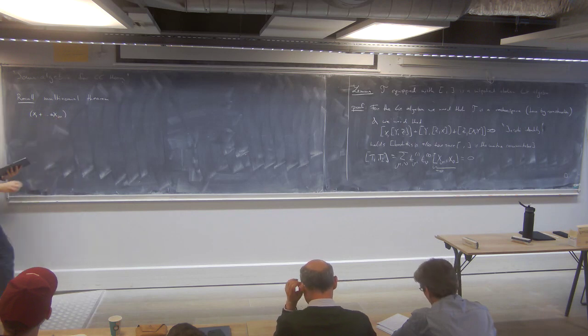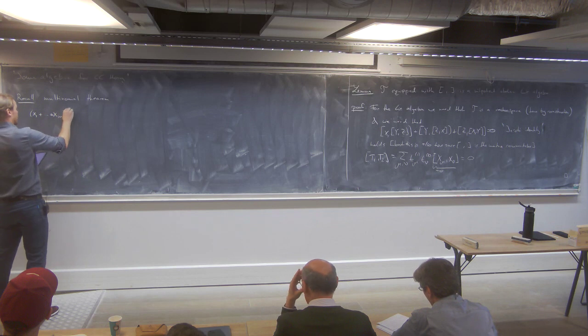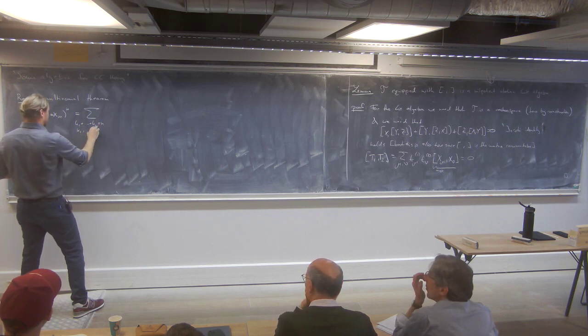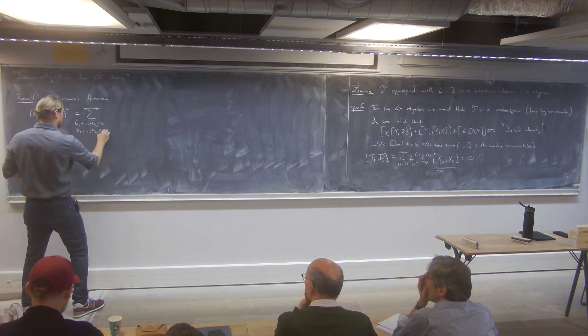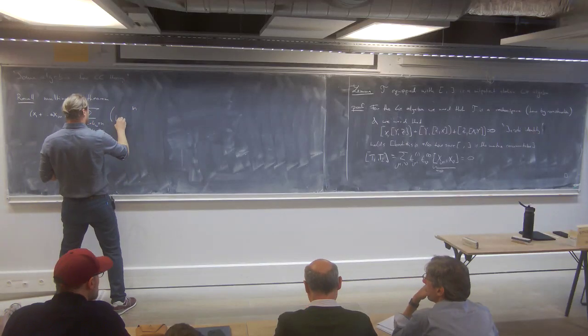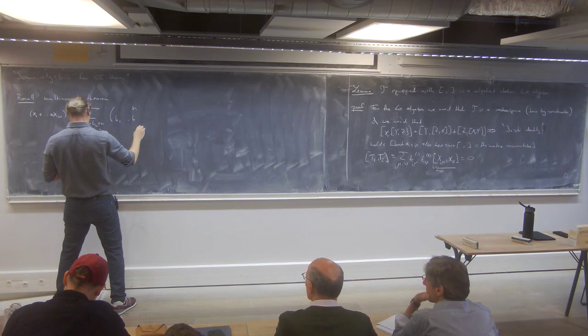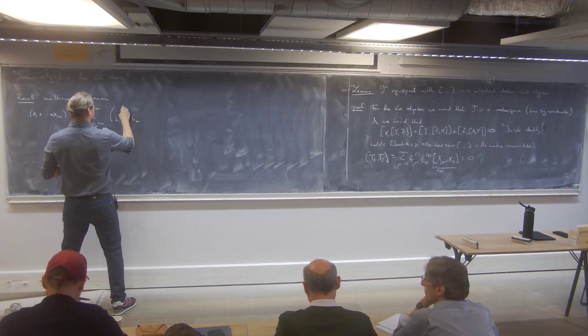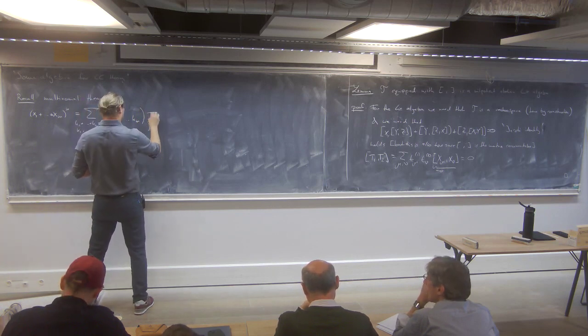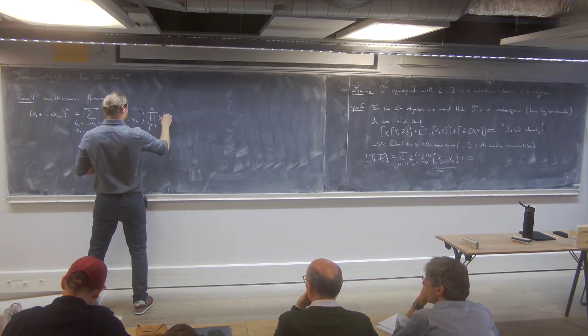If you have m summands to the power of n, then this is the sum over k1 to km that add up to n, where k1 to km are greater or equal than 0, of the multinomial coefficient n over k1 to km, times the product over j equal 1 to m of x_j to the power k_j.